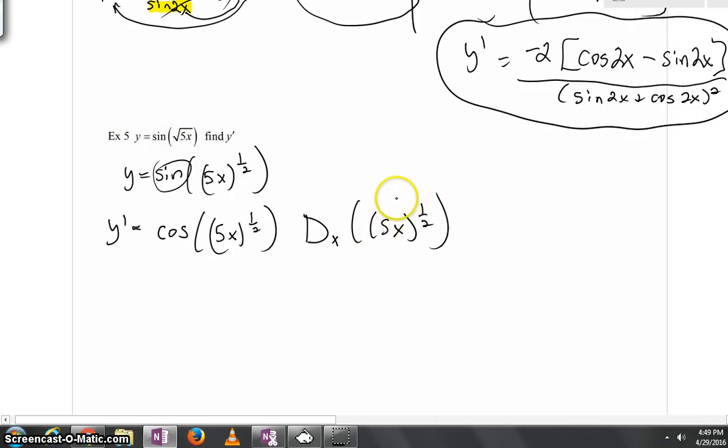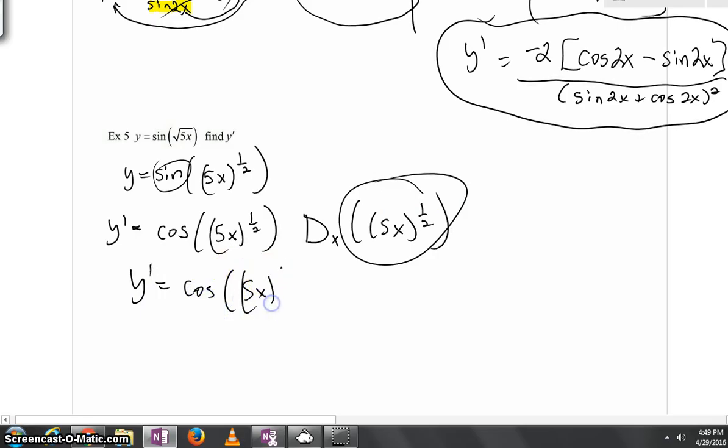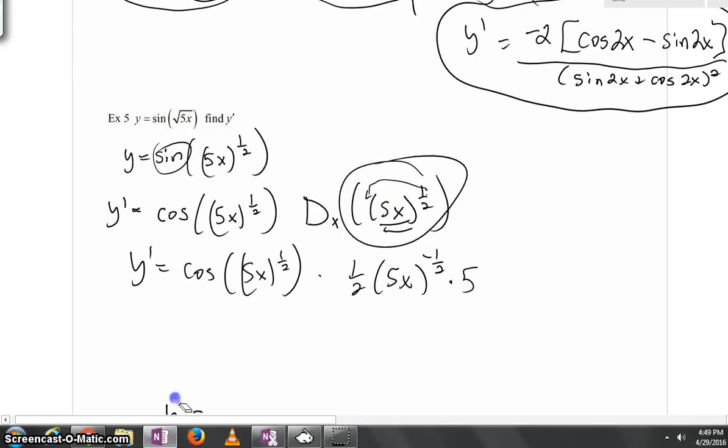But now it's like a brand new problem. It's like me just giving that to you and saying, can you work that thing out? Well, let's do that as if it were just a brand new problem. If you were taking the derivative of 5x to the 1/2, you take the derivative of the outside. You take 1/2 5x to that negative 1/2 power. Then you take the derivative of the inside. And the derivative of the inside is 5.